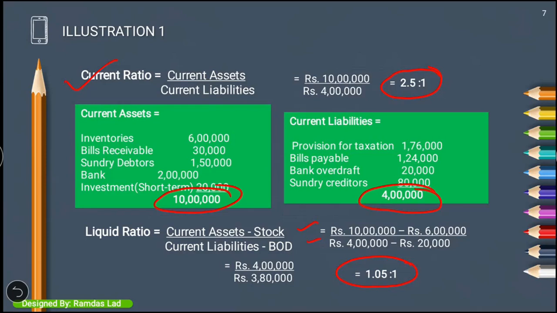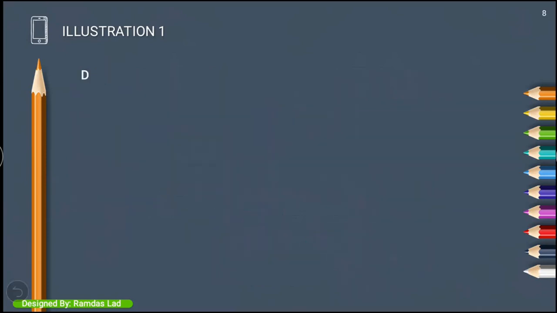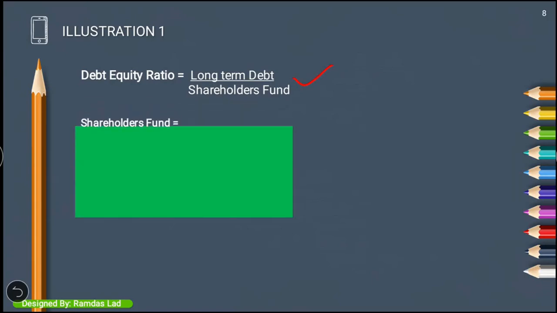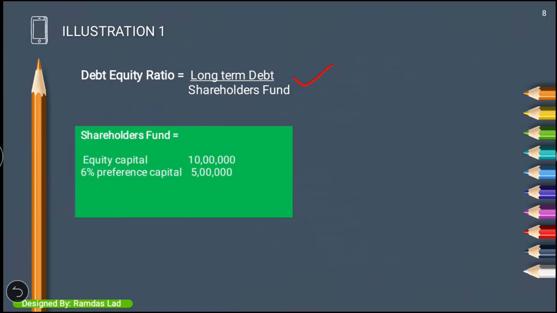Now the third one, debt equity ratio. So long term debt divided by shareholders fund. So this is the formula. So long term debts are 5 lakh, and shareholder funds are equity capital rupees 10 lakh, 6% preference share capital 5 lakh, general reserve 1 lakh, profit and loss account balance 4 lakh, and the total of this is 20 lakh.